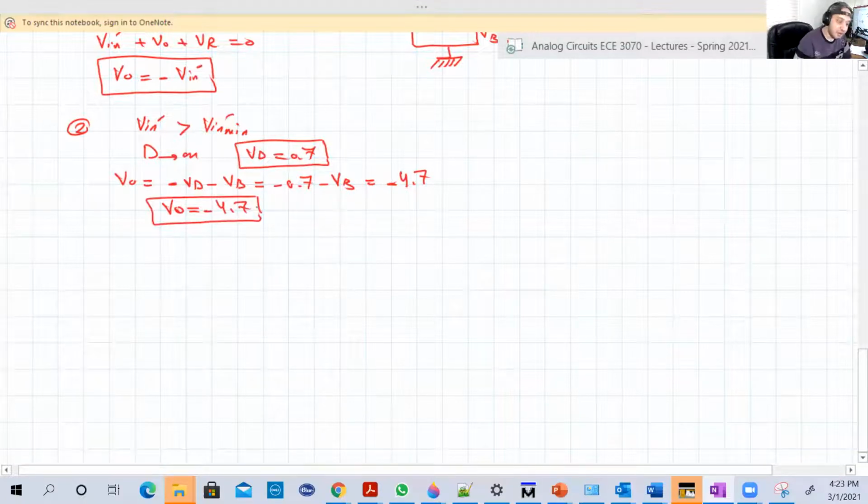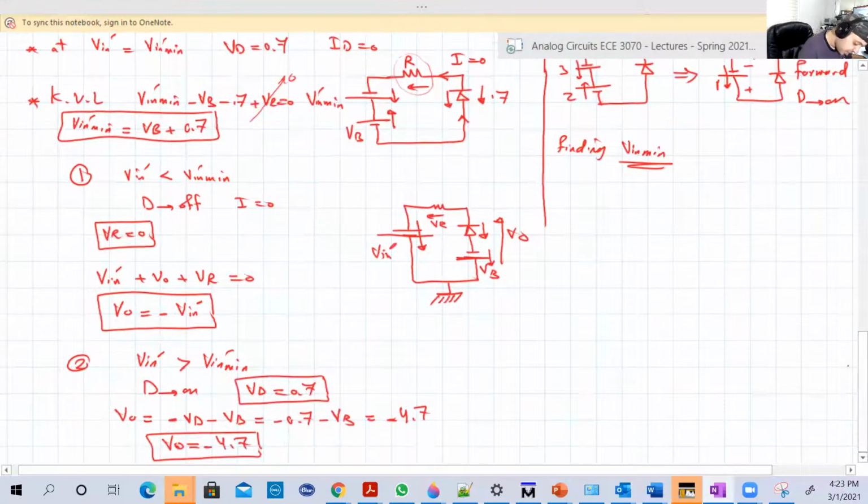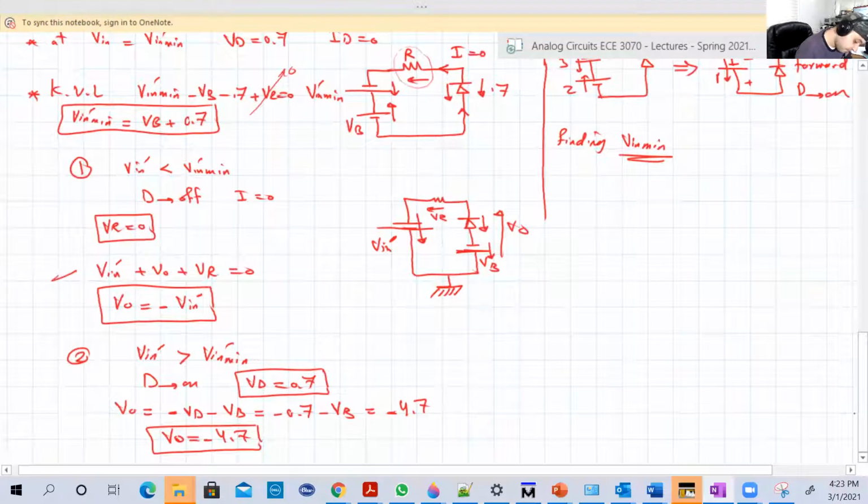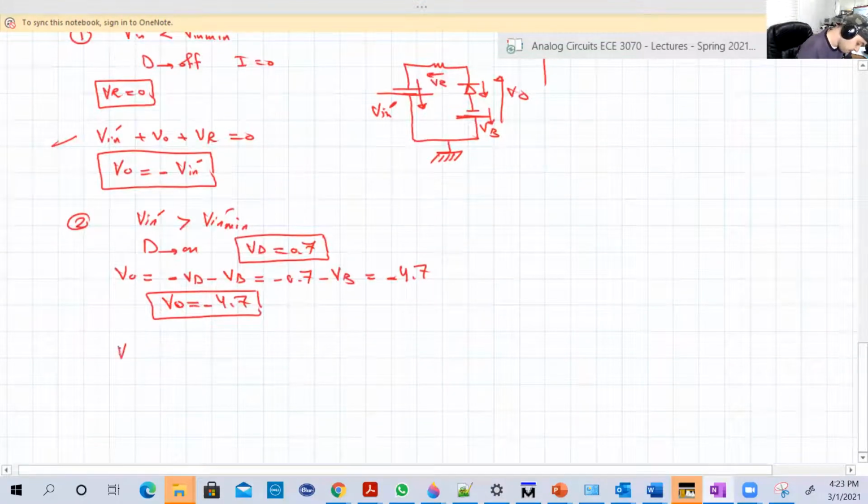How about VR from Kirchhoff? Let's check Kirchhoff here. So we have the same equation basically, that V input dash plus VO plus VR equal to 0. So VR equal to minus V input dash minus VO.